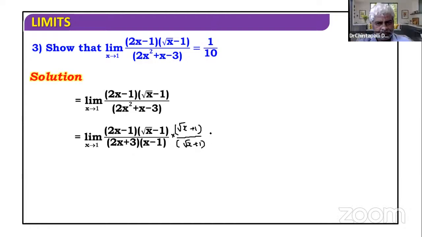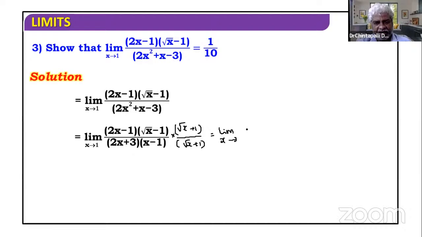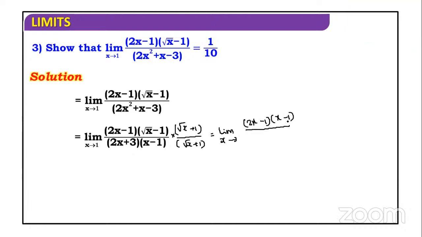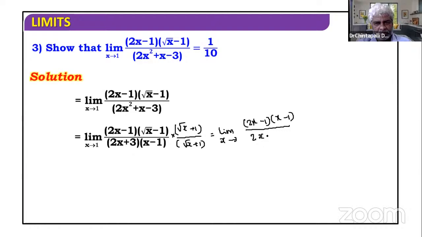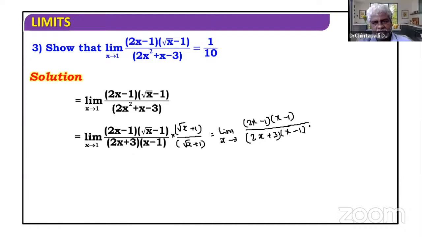Now, 2x plus 3 times x minus 1. Yeah, very good. Then what happens? Over 2x plus 3 times x minus 1 times root x plus 1.